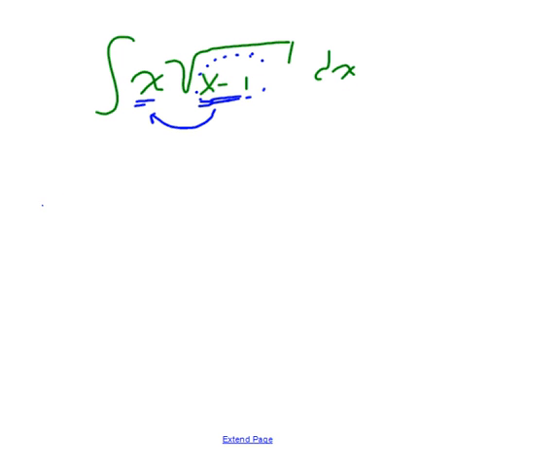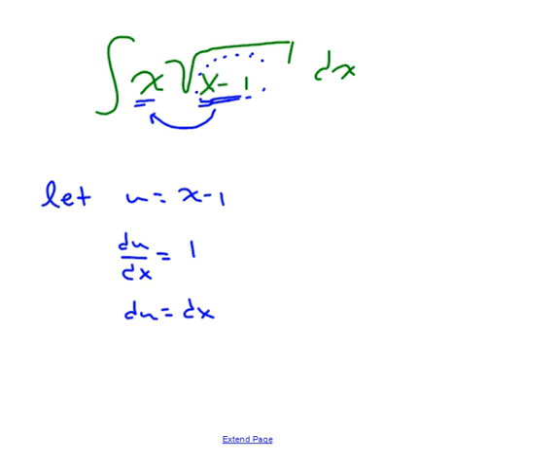So we're going to say let u equal x minus 1. Done. If u equals x minus 1, then du/dx equals 1. So du equals dx. Cool.